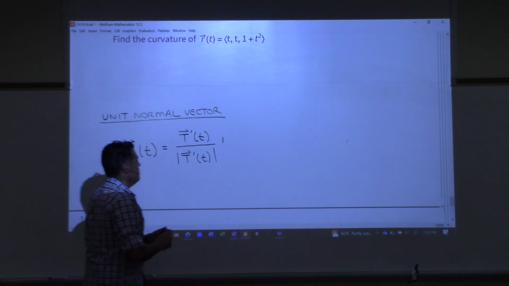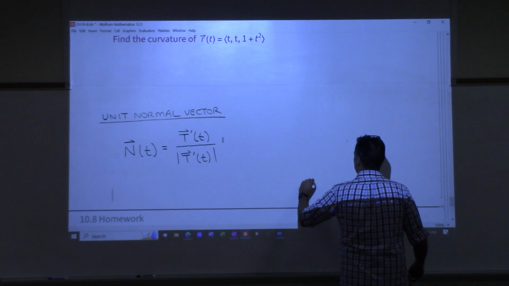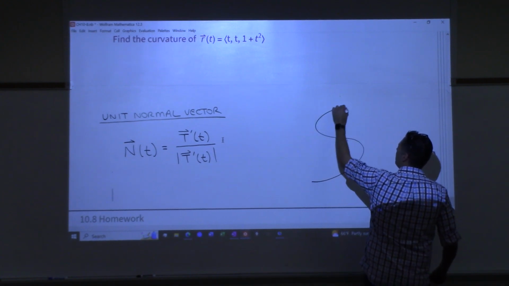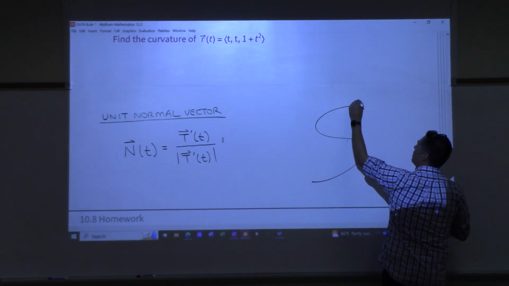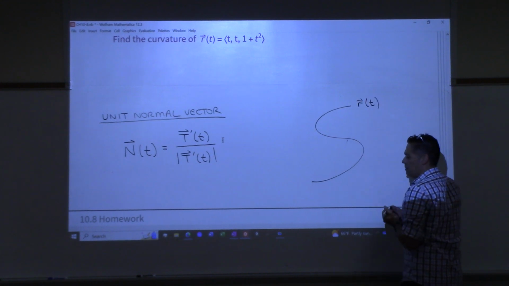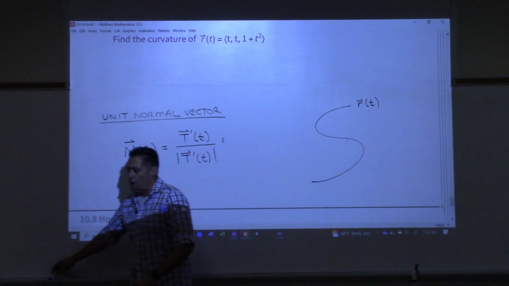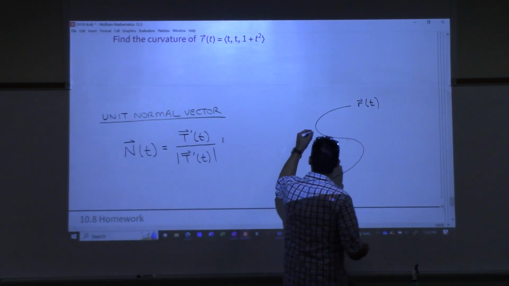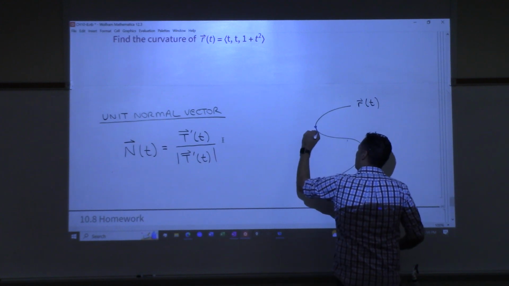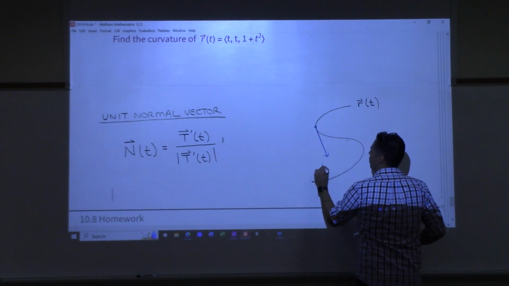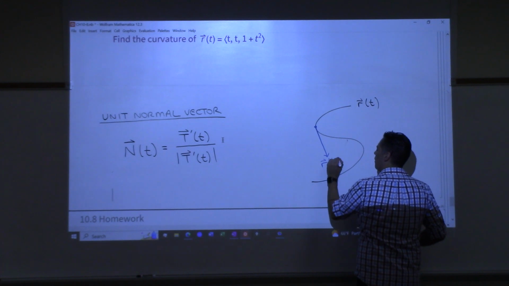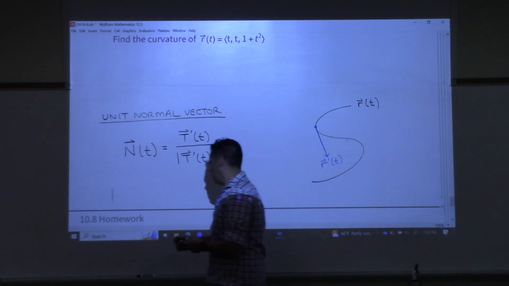Yeah, so as a reminder, let's say I have a curve here sitting in space. Let's say that this is r of t. Then if I go to some point on this curve, I'm going to get a tangent vector. That's r prime of t.